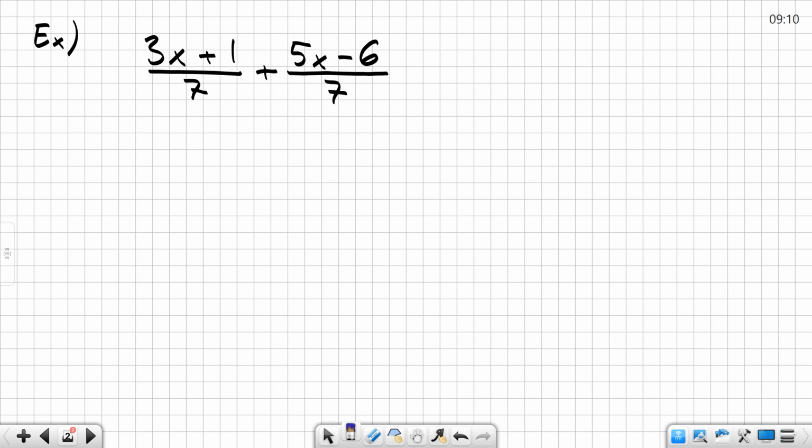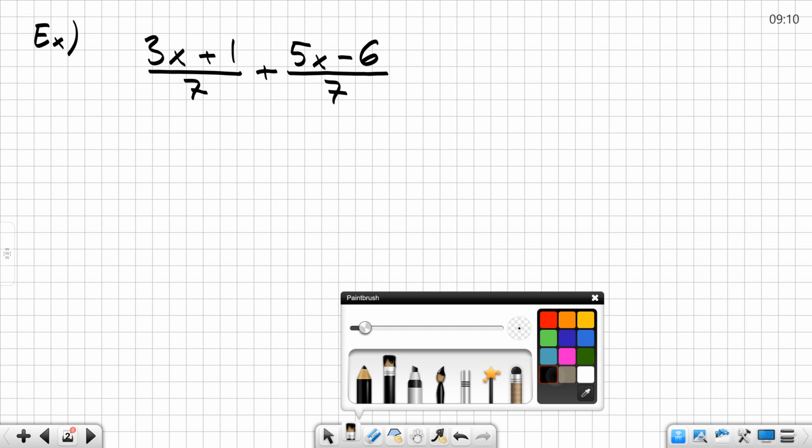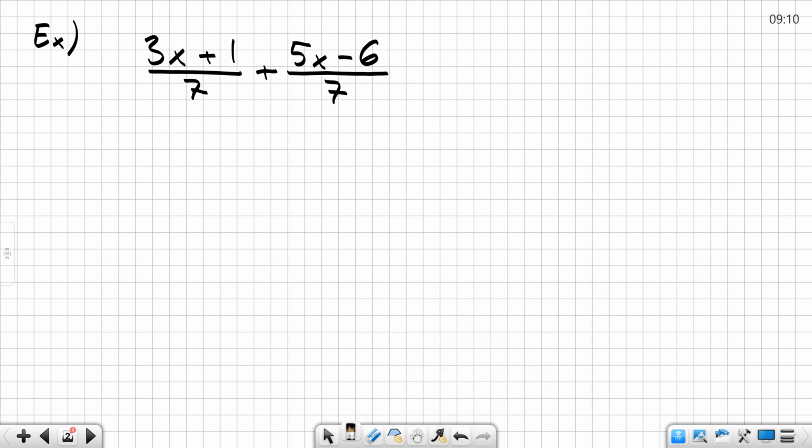So here's one. We are supposed to take (3x plus 1) over 7 and add to this (5x minus 6) over 7. I will always do it in the exact same way. I see that the denominators in both cases are 7, and that means that I can take the first numerator and add to this the second numerator, and everything is over this common denominator 7.